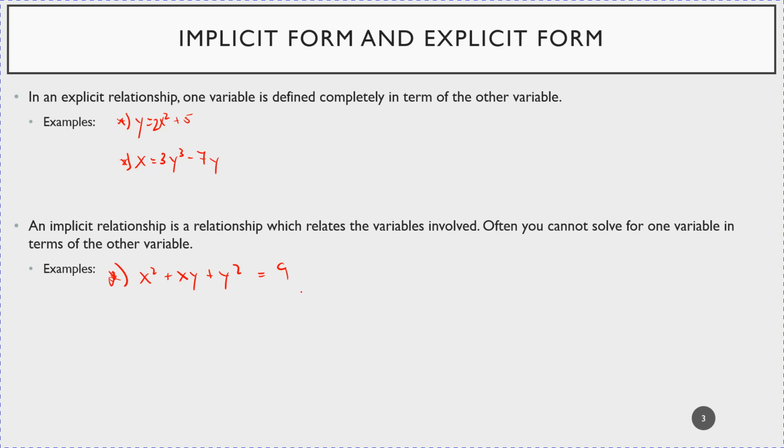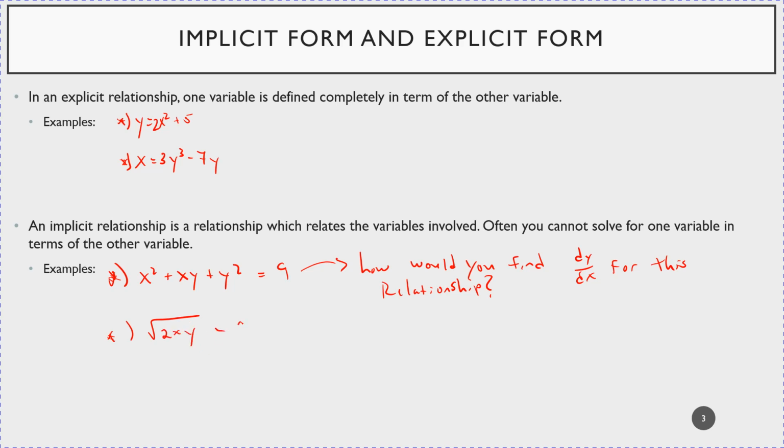So how would you find dy/dx for this relationship? That's what we're going to talk about in this section. Or it can even look something crazy like this: the square root of 2xy minus cotangent of x squared y squared is equal to x plus y.